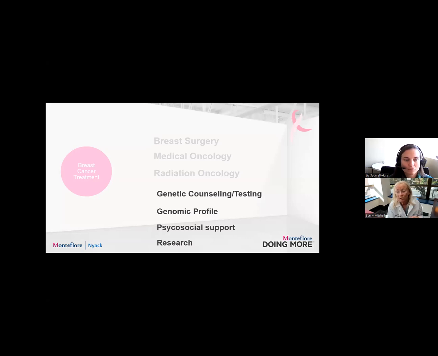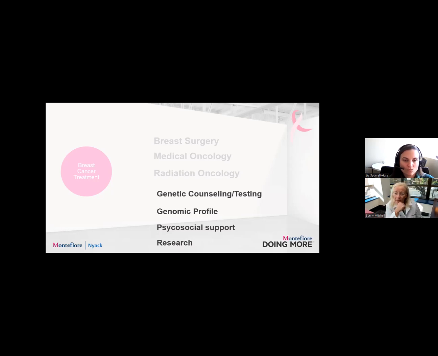It is diagnosed by a core needle biopsy, which is a tissue biopsy, typically done with a pretty small needle, usually under mammogram, ultrasound, or MRI guidance. Ideally, the cancer is found when it is so small that it is only seen on imaging, whether that be an ultrasound, a mammogram, or an MRI.